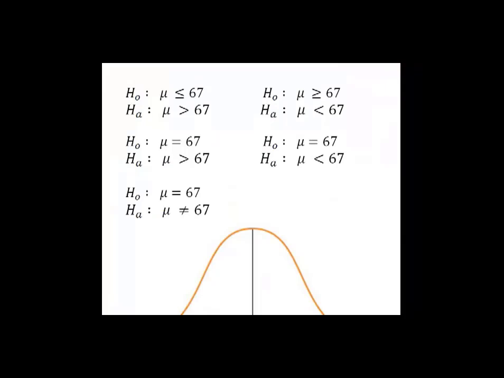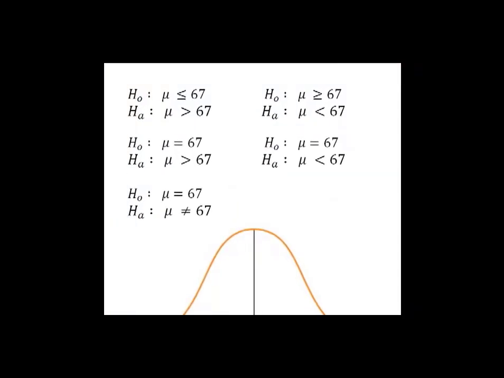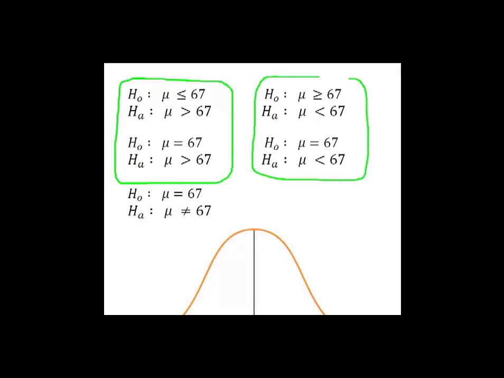All right. Here, what I've given you is several hypotheses. Now, the first thing that you need to know is that you really only have three options for a hypothesis test. You can have a hypothesis that looks like this. You can have one that looks like this.